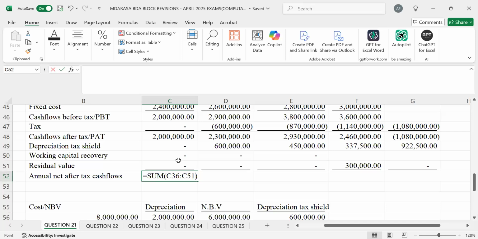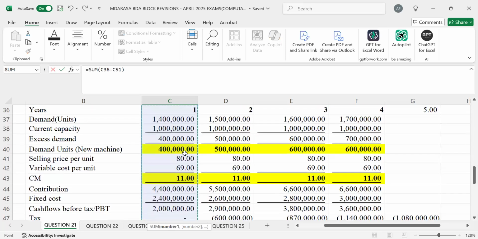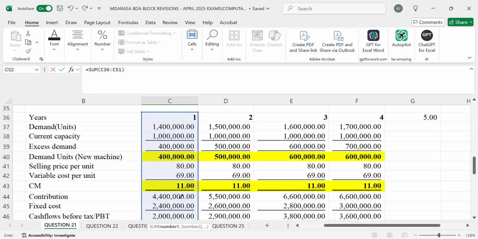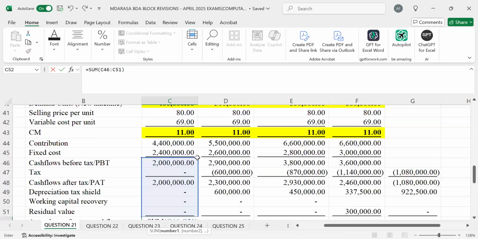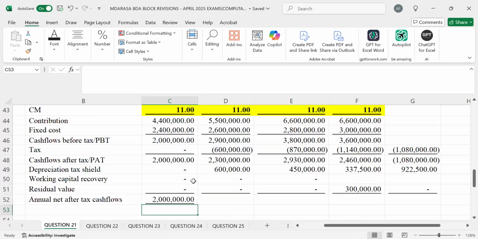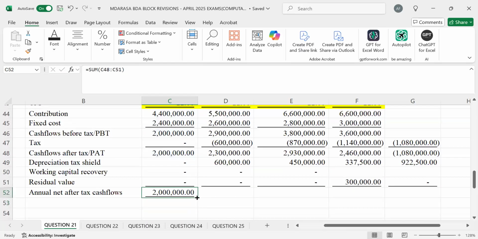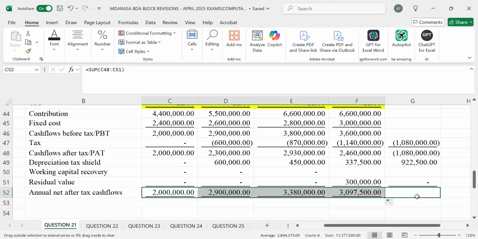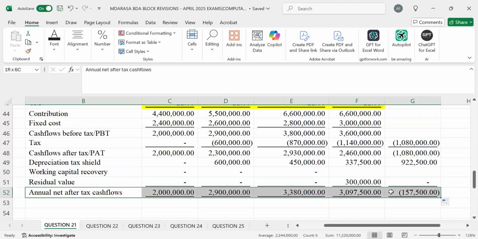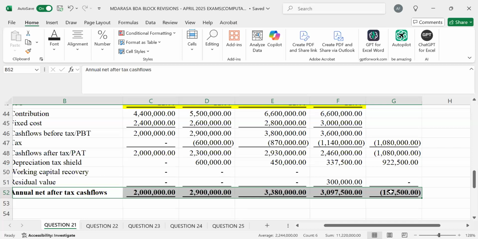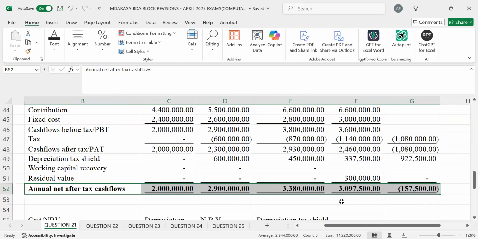So we get the summation up to this point, so that at the end of the day, these are what we'll be considering as our cash flows, like annual net after tax cash flows. The value that we should discount.